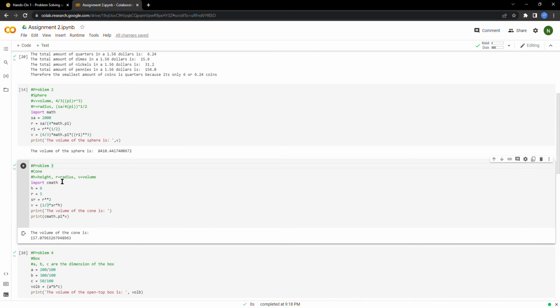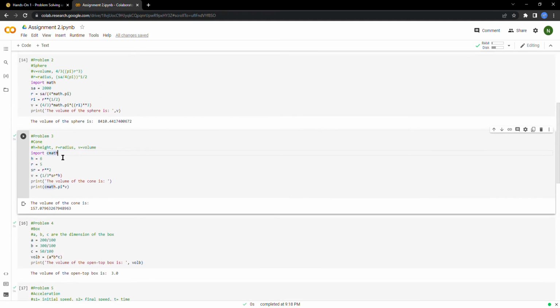For problem 3, we're solving for a right circular cone. h equals height, r equals radius, v equals volume. In this one, we are using a different kind of symbolic package, CMath. h equals 6, r equals 5, and SR is only r squared. So v equals one third times SR times height.